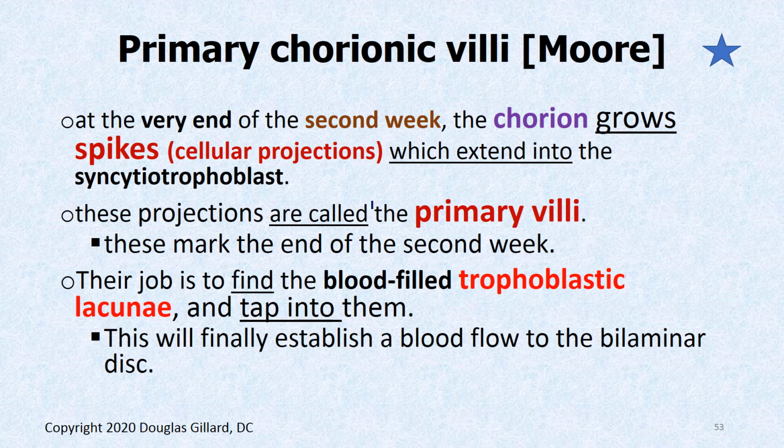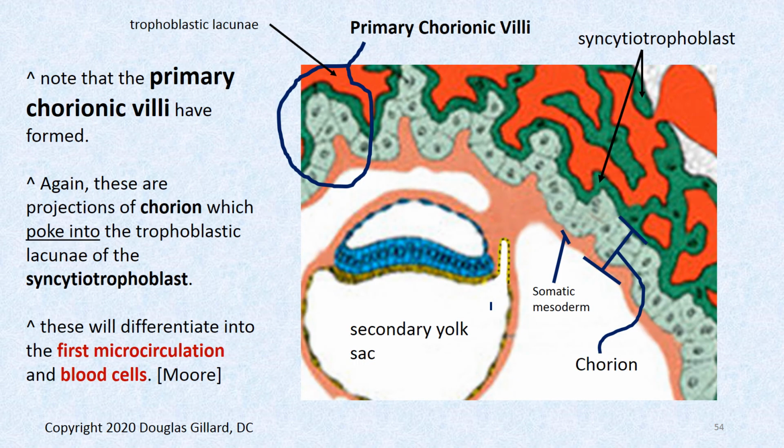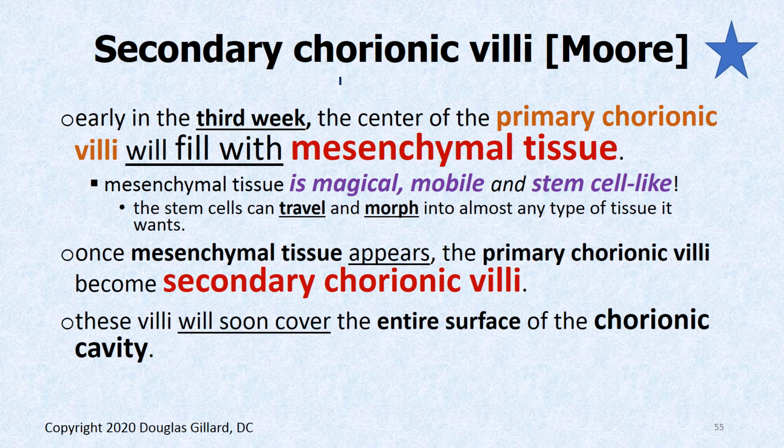Villi is plural, villus is singular. And that's exactly what it does. Its job is to find the trophoblastic lacunae and connect with them. Right? And so that's exactly what we have here. We have a little point that has pushed into the lacunae. Well, great. So what happens next?